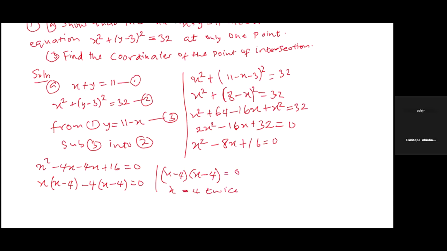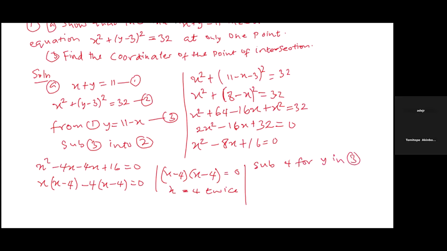So if you substitute that into equation 3, solve for y in equation 3. I mean for x rather.